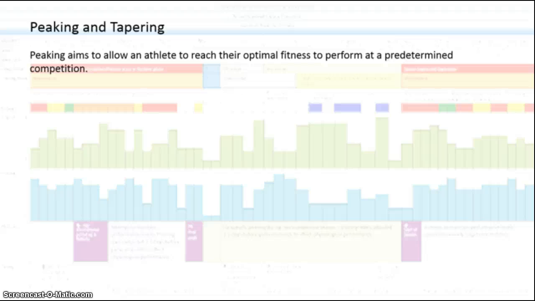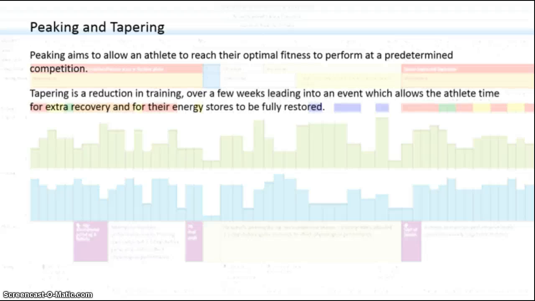After weeks or months of training geared towards a particular event, there should be a decrease in training levels over the course of the final few weeks prior to the event. This reduction in training is known as tapering and allows the athlete time for recovery and for their energy stores to be fully restored.